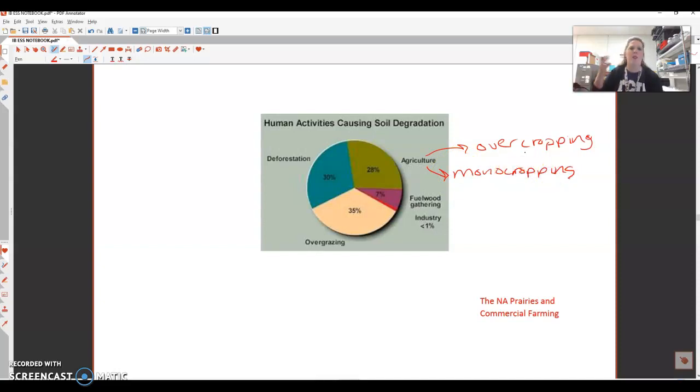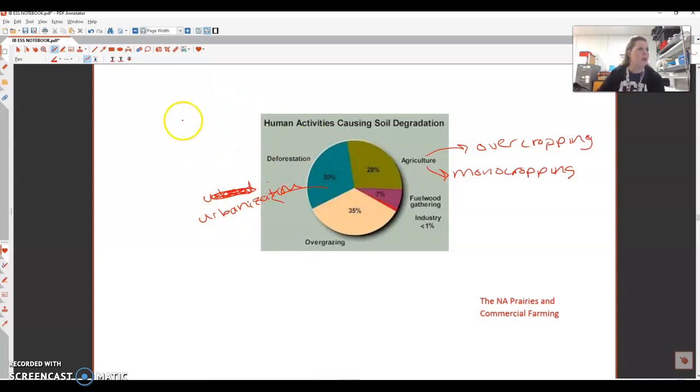But it's just growing one type of crop over and over and over again is really bad for soil. Now, deforestation, we can also add urbanization into this. So cutting down trees. Urbanization. Okay. Removing trees for development.